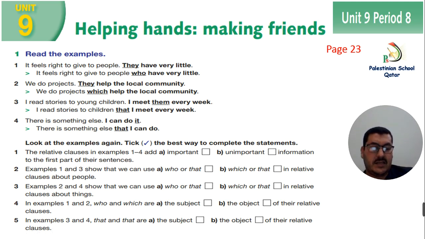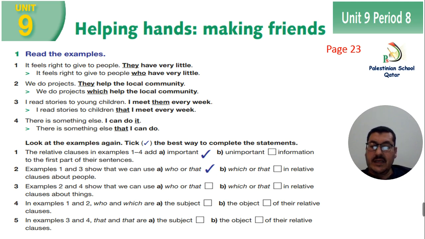Yes, it gives us important information. What about number 2? Examples number 1 and 3 show that we can use who or that, or which or that, in relative clauses about people. When we speak about people, what do we use? Yes, we use who and that.